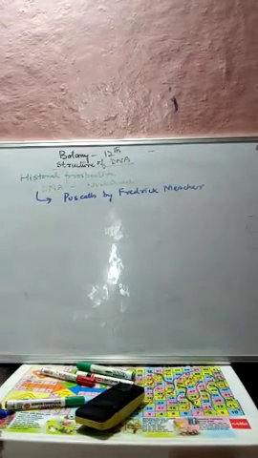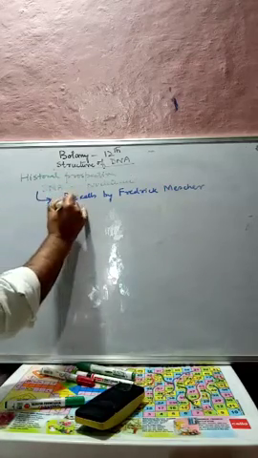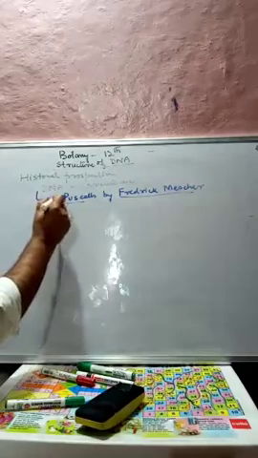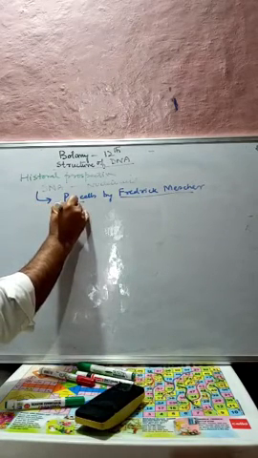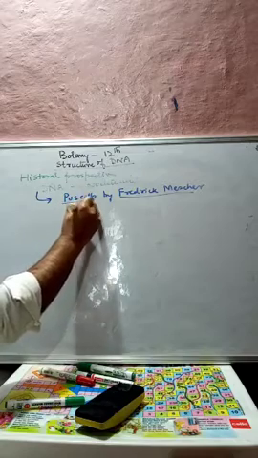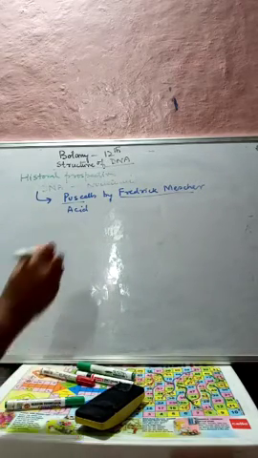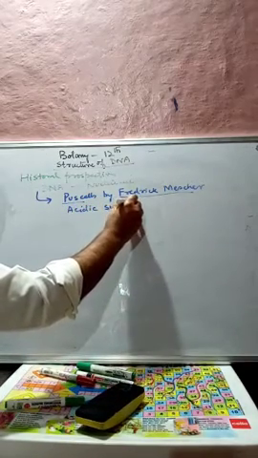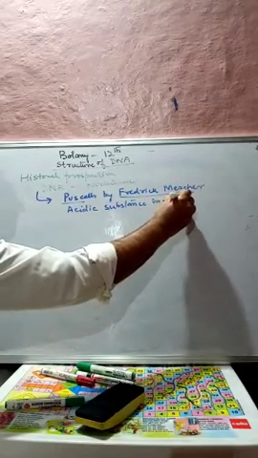This DNA was first of all reported in pus cells by Frederick Miescher. Also, it was reported as an acidic substance in the nucleus by the same person.